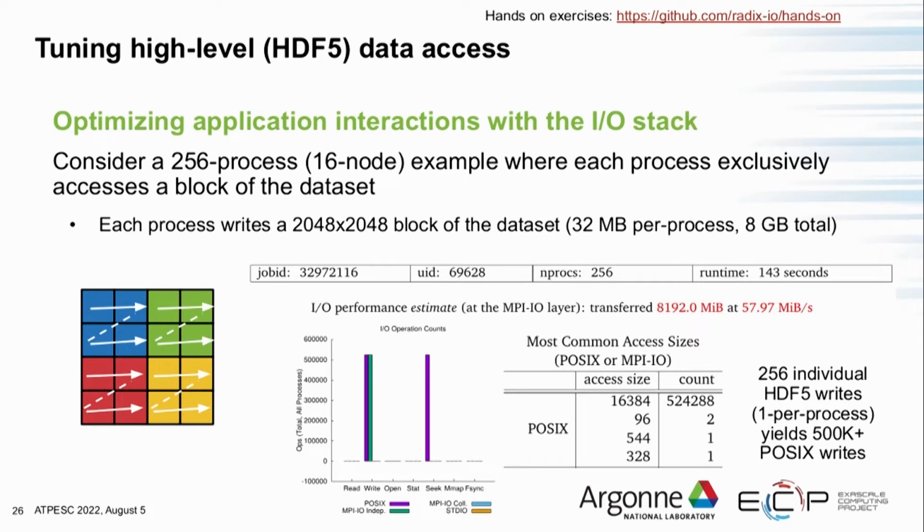We'll look at some Darshan results here for what this looks like with no chunking. You can see it takes 143 seconds and only gets 58 megabytes per second performance, which is pretty bad. You can see in the bottom left corner the plots there, the I/O operation counts, and all of this is grabbed out of the Darshan job summary tool that we discussed earlier.